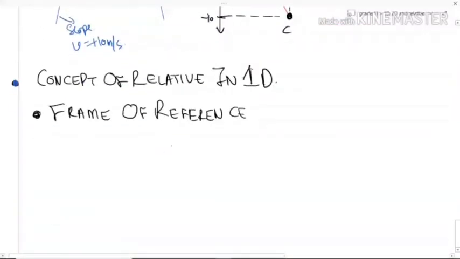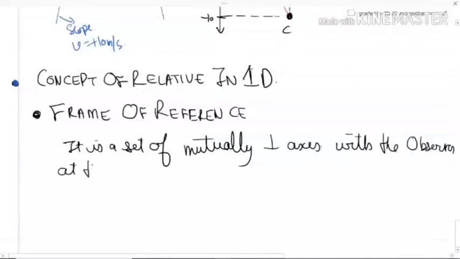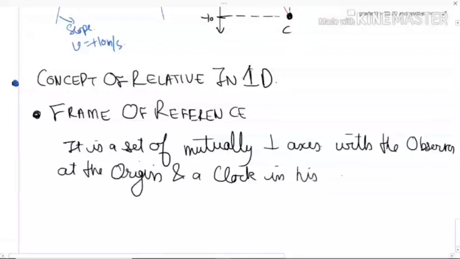What is a frame of reference? This is not the definition.